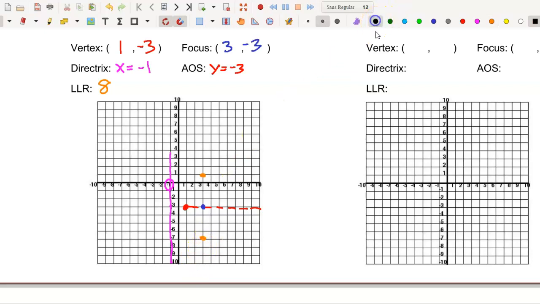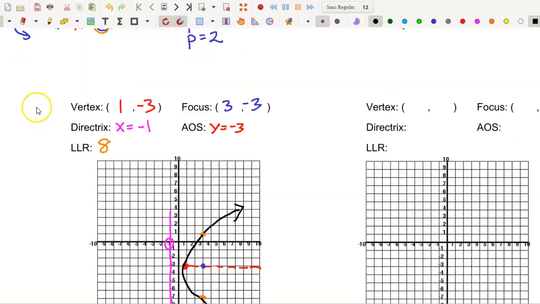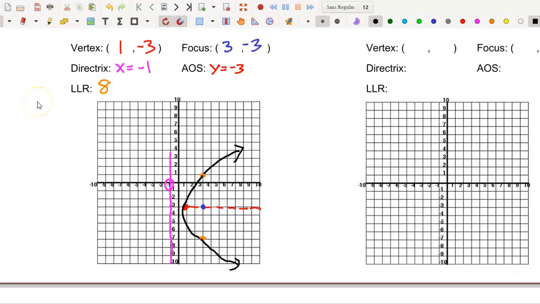And with those 3 points alone, I'm going to draw my parabola opening up to the right-hand side. Not too bad, not too bad.